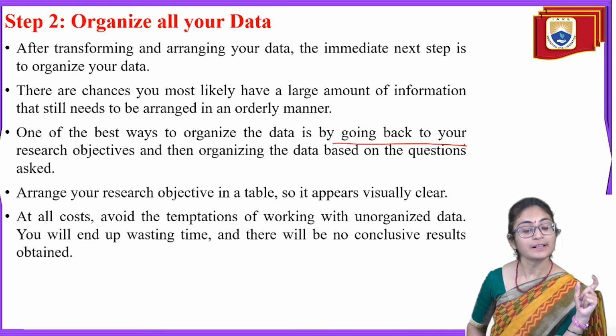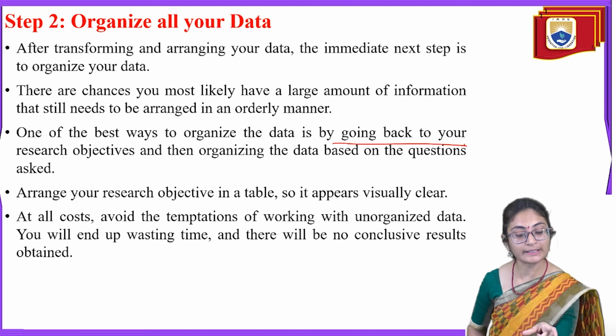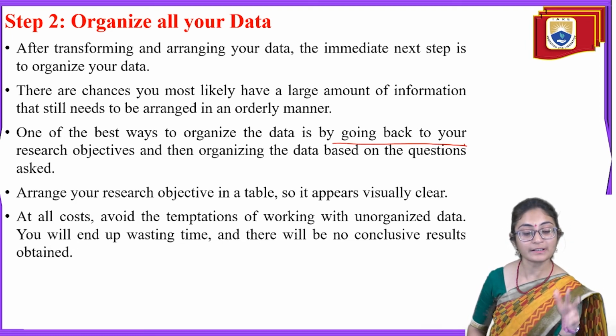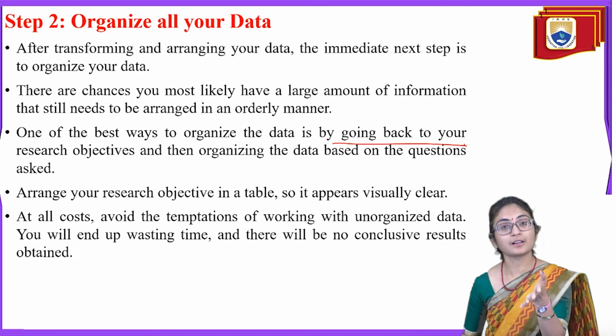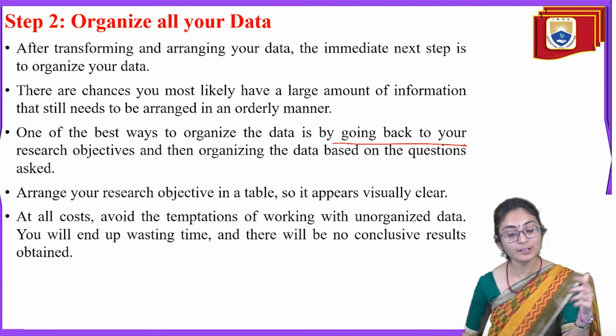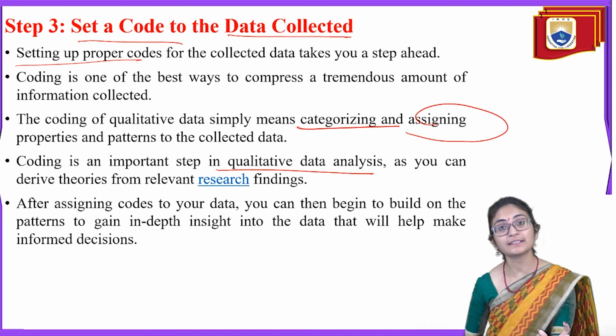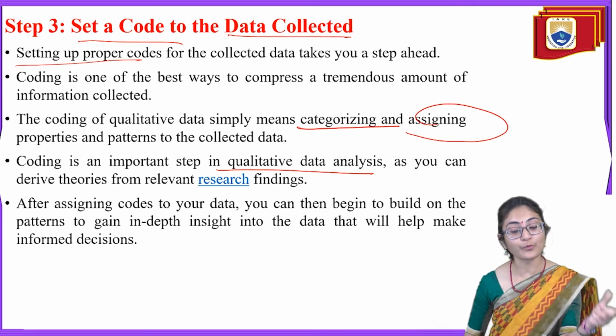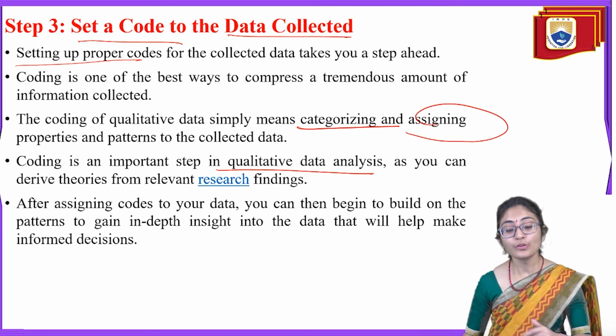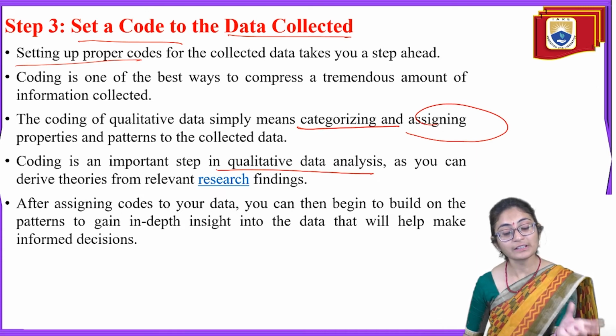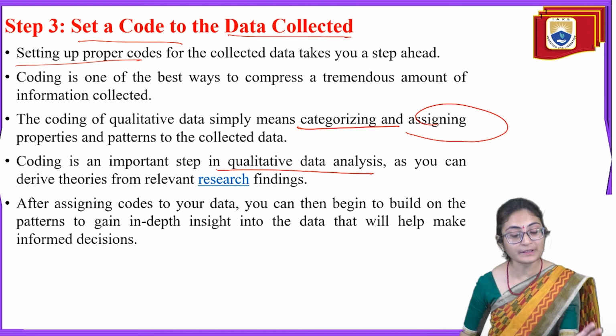Then the second one is organize all your data, where we transform and arrange our data in the proper format. Then the third one, we set the code for our data, so it will show some patterns and convert into a proper result.